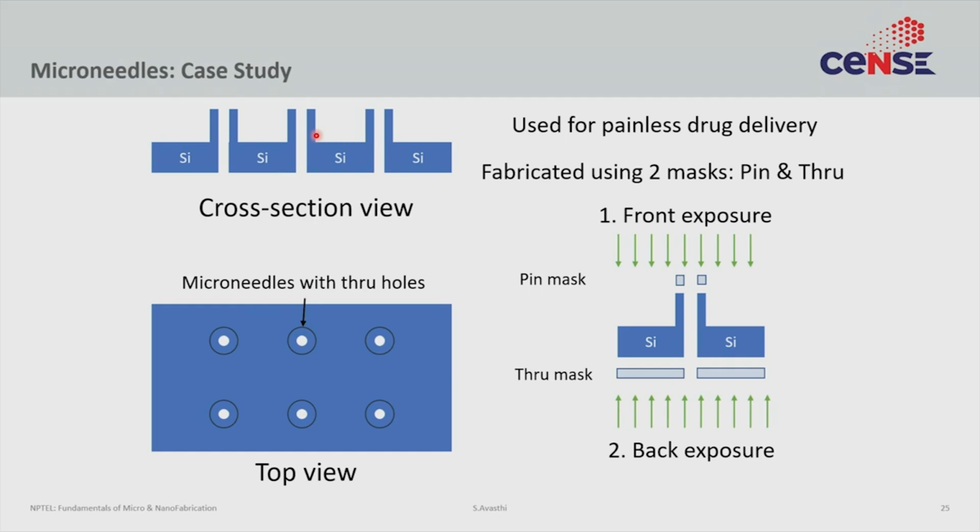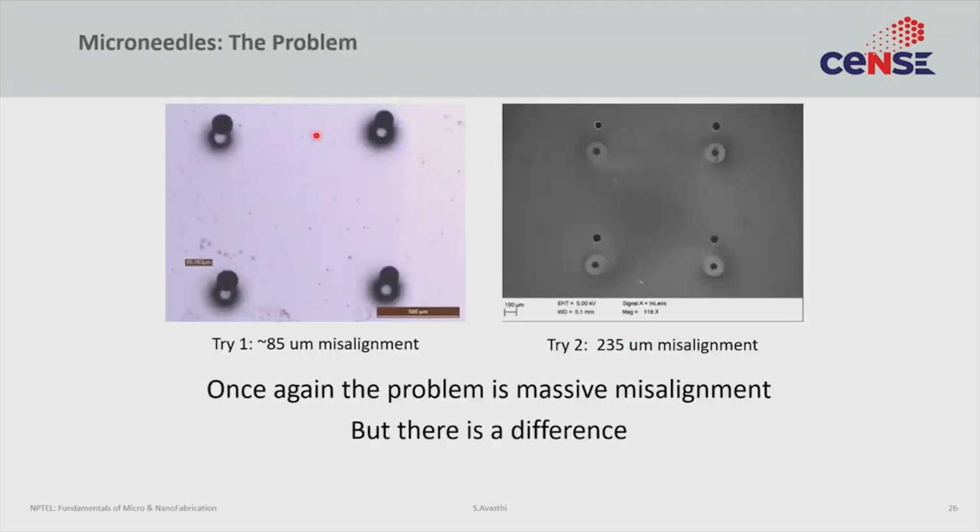So we started making these devices in our clean room in IFC. And just like in the previous case study, we were consistently seeing a misalignment. Here what you are seeing is that the needle exposure and the through hole exposure are a little off. So instead of the through hole being in the middle of the needle, they are misaligned.